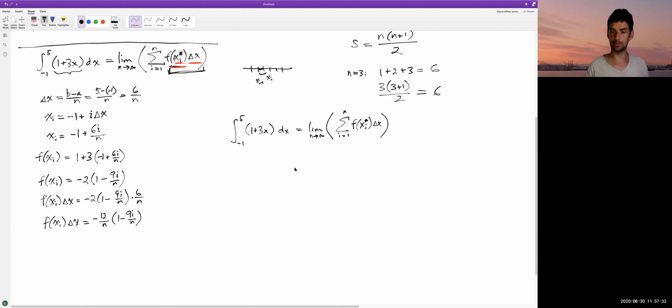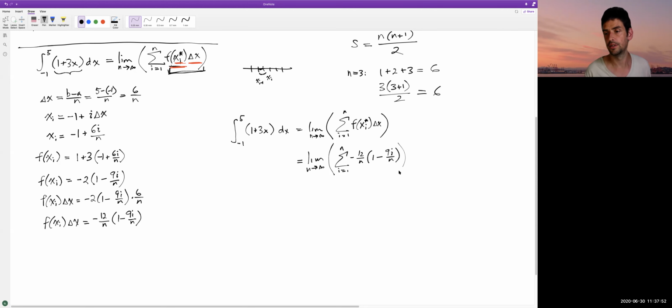But now I've got an expression for this thing in the limit. So let's go ahead and put that in. The limit as n goes to infinity, the sum i equals 1 to n, and I'm just putting in this thing we worked out on the left: -12 over n times (1 minus 9i over n).